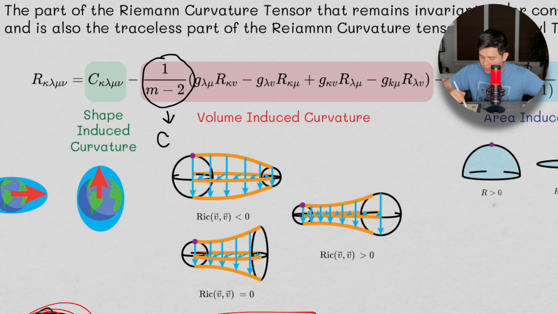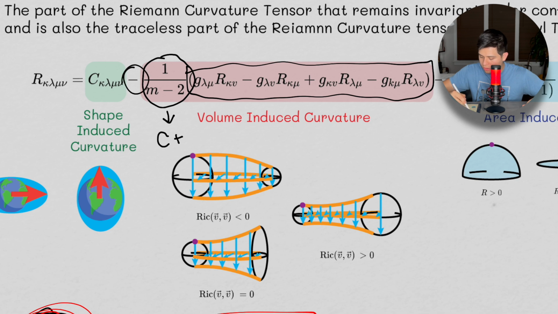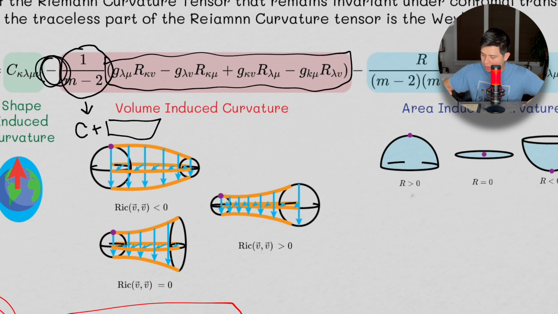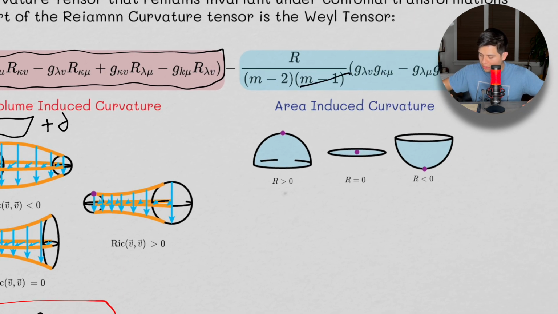So we get C plus all of this, so this no longer becomes a positive sign. We get C plus all of this, however, plus nothing else, plus 0, because if m equals 1, this is 0.